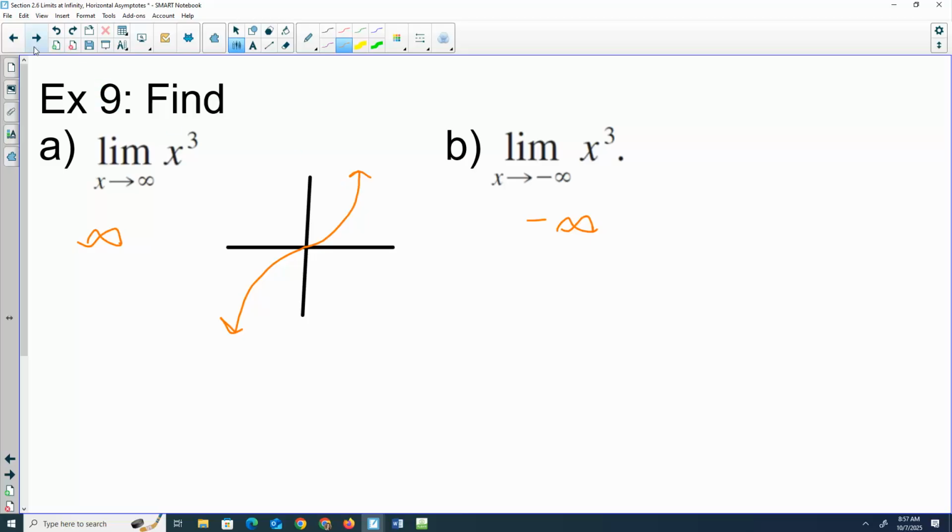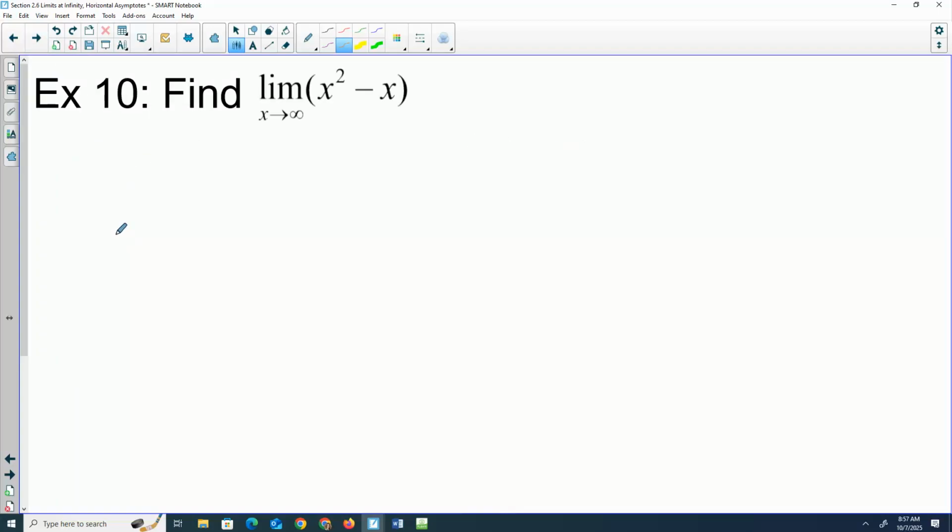Now, in general, this wasn't hard to figure out, but if I did something like x cubed minus x squared, that would be harder. If I just plugged in infinity, infinity cubed minus infinity squared, do we know what that goes to? No. Do I know what the graph of x cubed minus x squared looks like off the top of my head? No, not without doing a lot of work to get there.